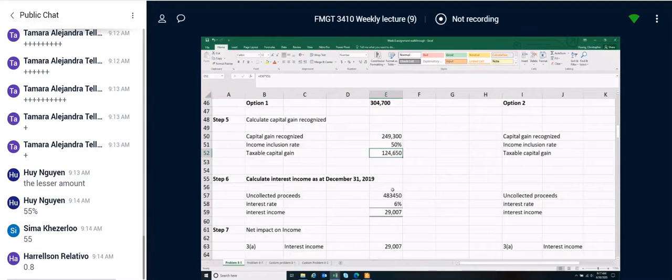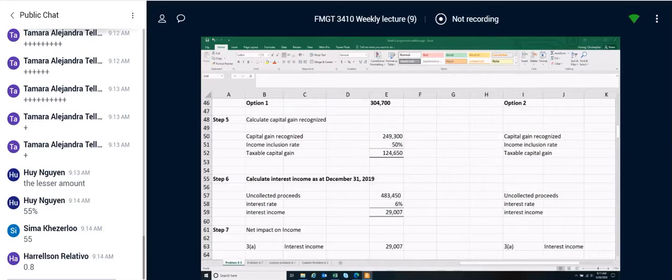When you calculate the interest, the question specifically says we look at the balance at the beginning of the year and multiply that by the interest rate of 6%.